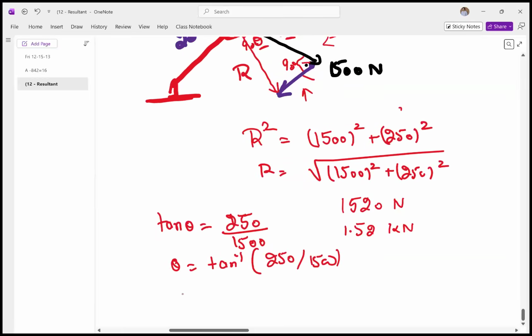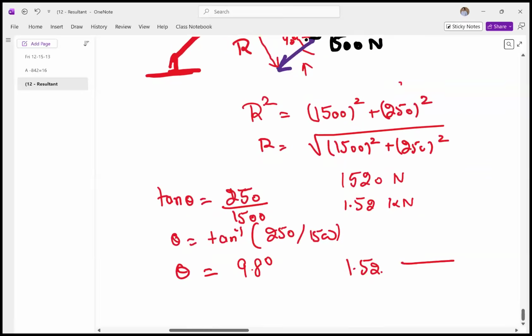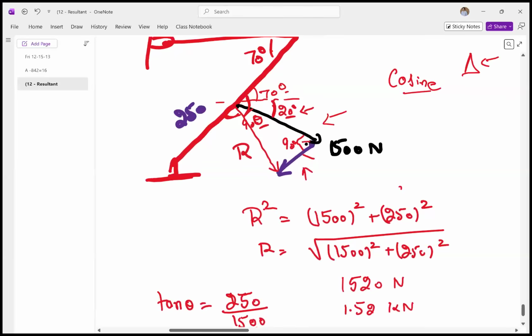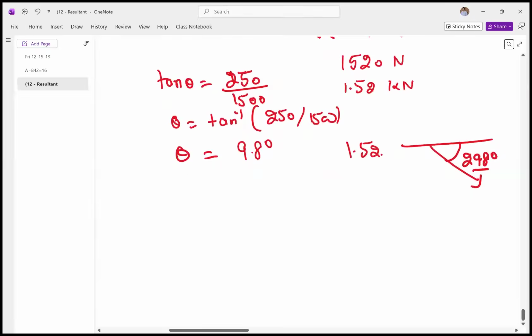Now the theta value comes out to be 9.8 degrees. So I can write it as 1.52 kilonewton at an angle of 29.8 degrees. How? I'll show you. If this angle is 20 degrees, this angle comes out to be 9.8, so the angle will be 29.8 degrees.